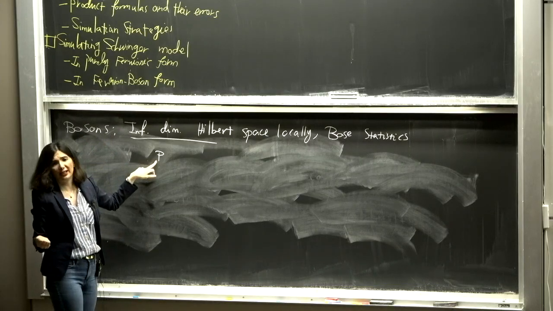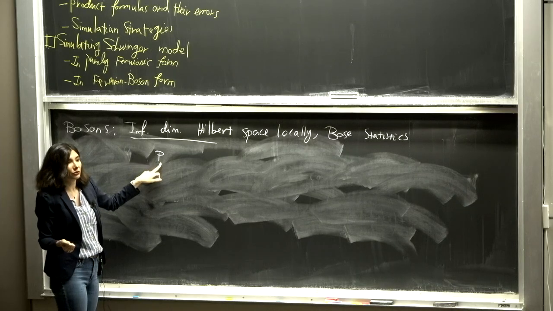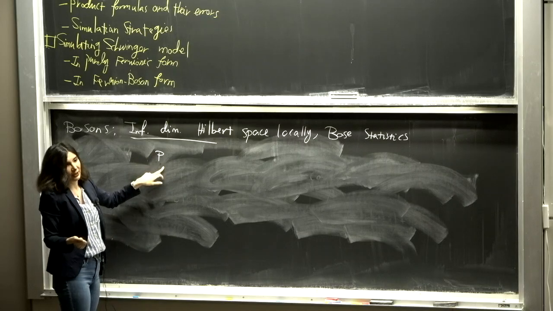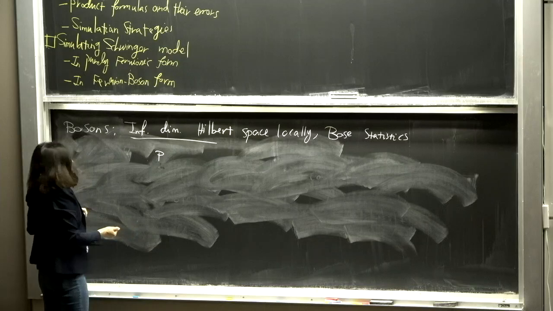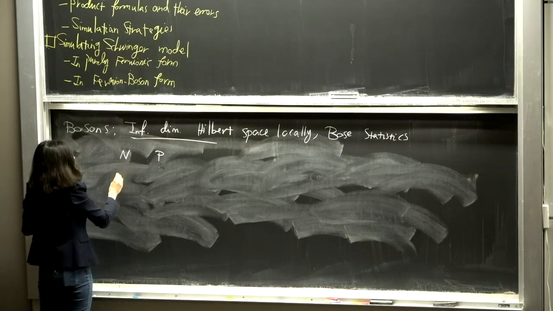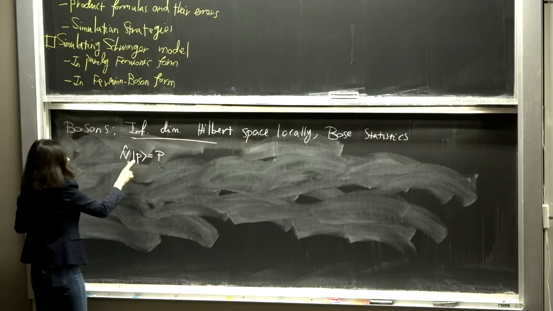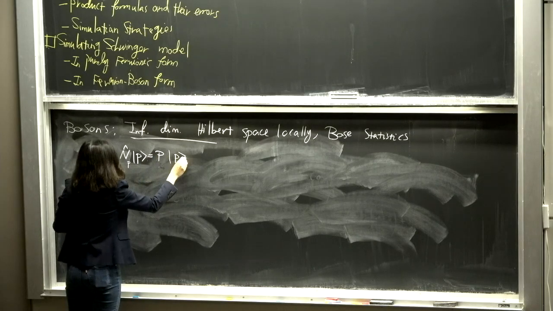So this would be just an integer. For electric field, this could be negative too, so we also have to account for when this is an integer, not necessarily a non-negative integer. Okay, so how do we encode this? Let's define a number operator that acts on the basis p and gives back the number of bosons that is sitting in p.